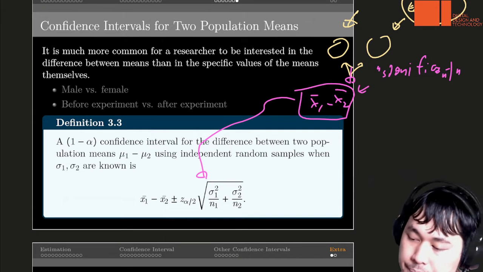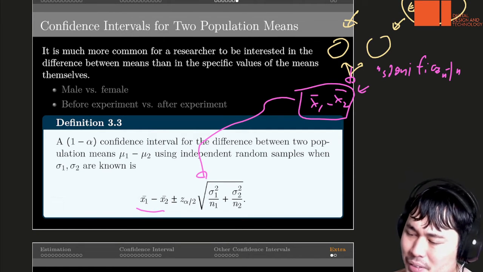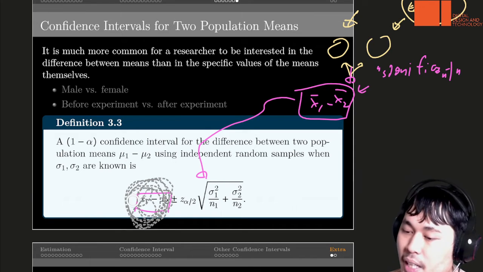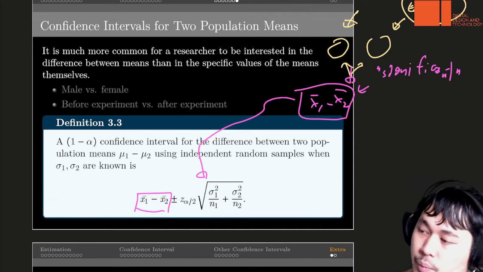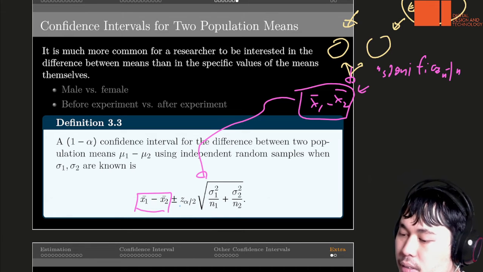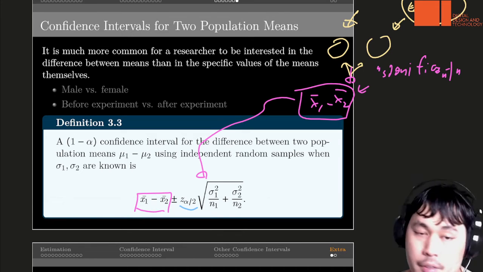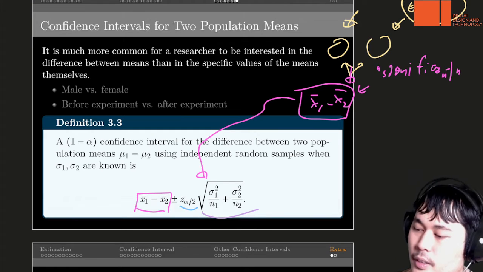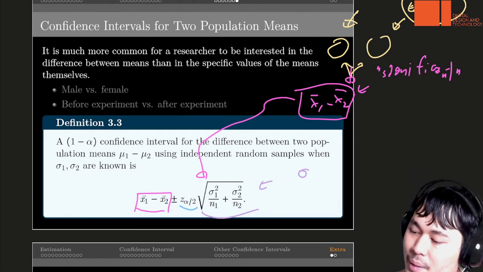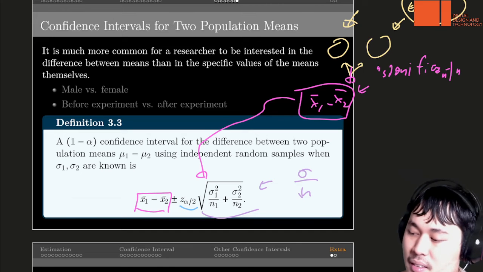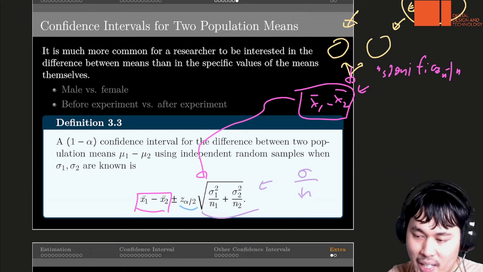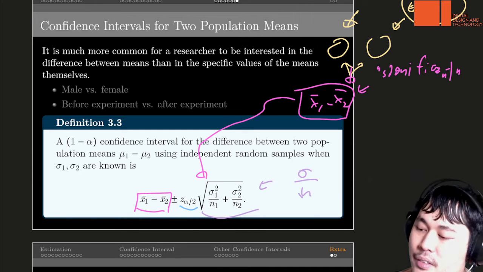And the formula here, again, looks the same. We have the actual number, which is the difference between the means, and the confidence level, and then some margin of error. Previously, we have sigma divided by n. But now, since there are two groups, we have two sigmas, two n's, two sample sizes.